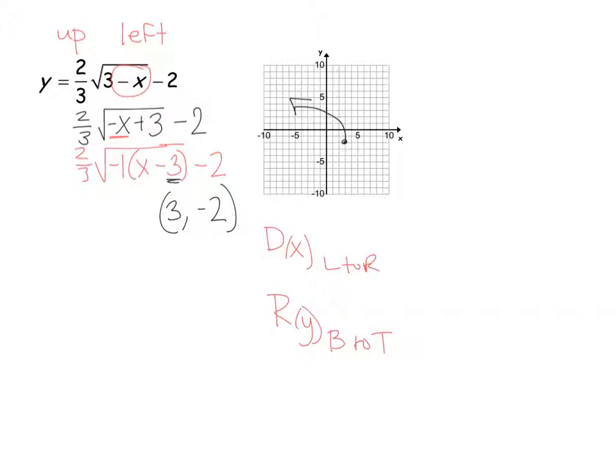Alright, so on the left side we see the arrow. The arrow is infinity. On the right side we're at positive 3. So for the domain we go from negative infinity to 3. Remember, parentheses by the infinity and square bracket where you can see the point touching x equals 3.